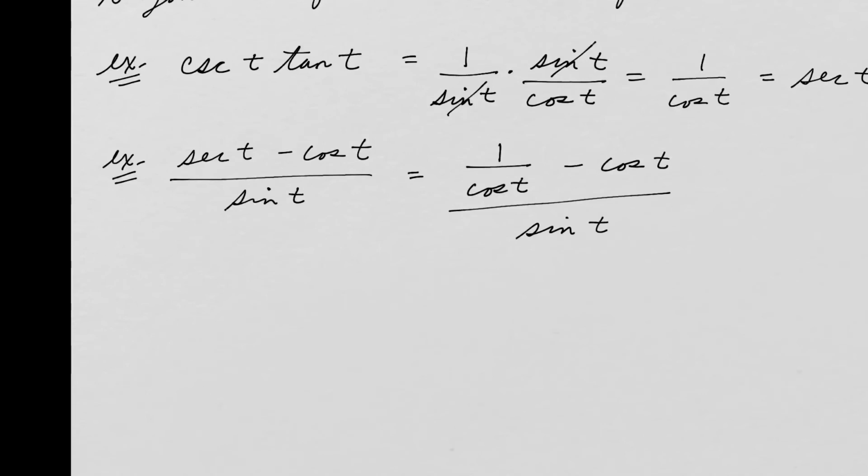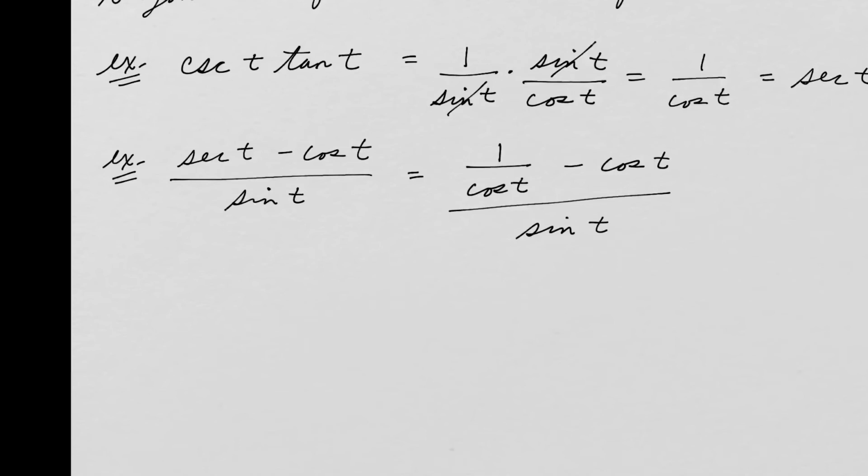Now, to simplify a rational expression like this with a bunch of denominators, usually you multiply the numerator and denominator by the lowest common denominator.